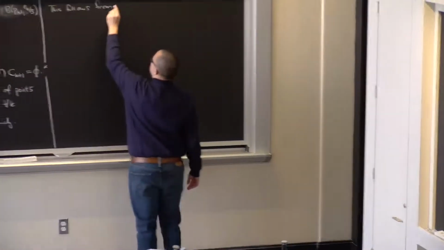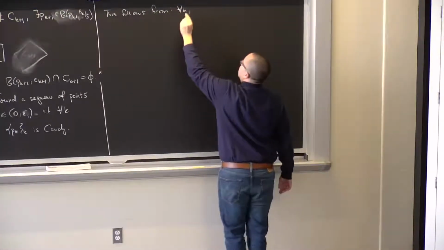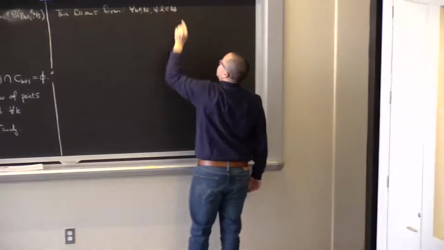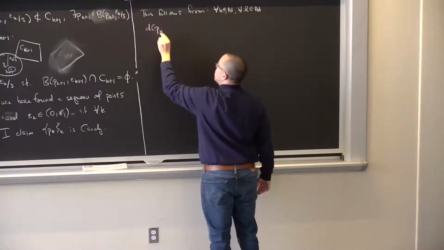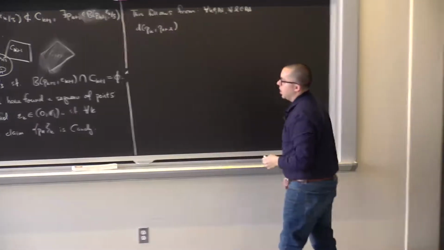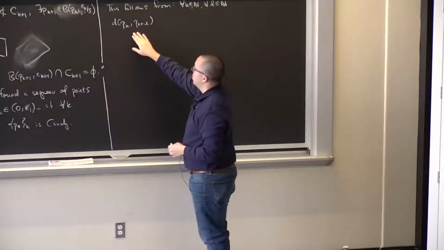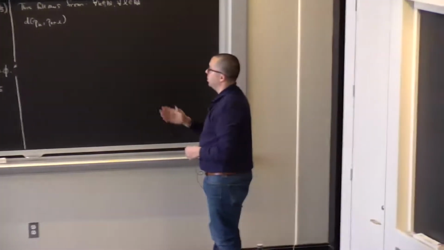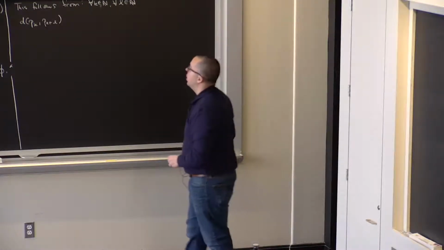This follows from the fact that for all k, for all L, if I look at the distance between p_k and p_{k+L}, because, in the end, if I want to show something's Cauchy, I need to take the distance between two points, one occurring earlier in the sequence and one occurring later.